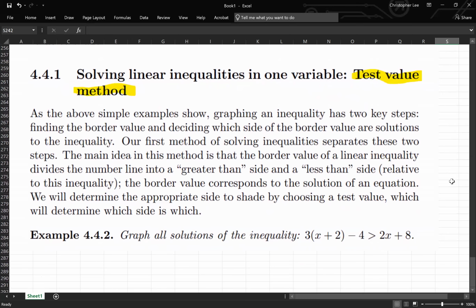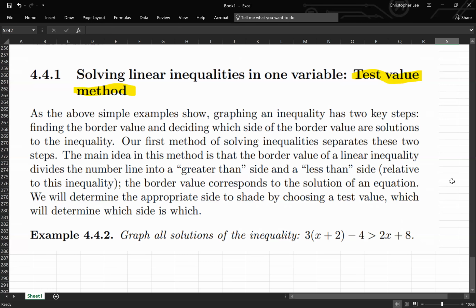So this is solving linear inequalities in one variable, test value method, right? As the above simple examples show, graphing an inequality has two key steps: finding the border value and deciding which side of the border value are solutions to the inequality. Our first method of solving inequalities separates these two steps.